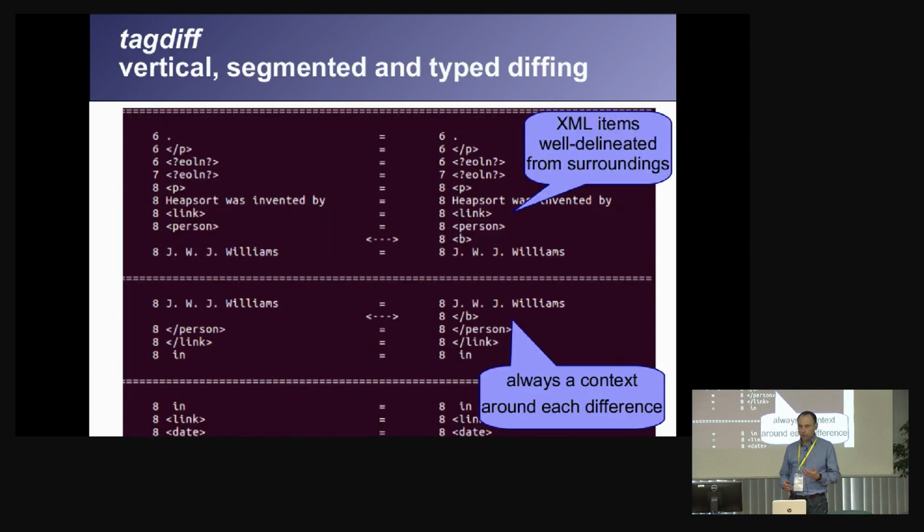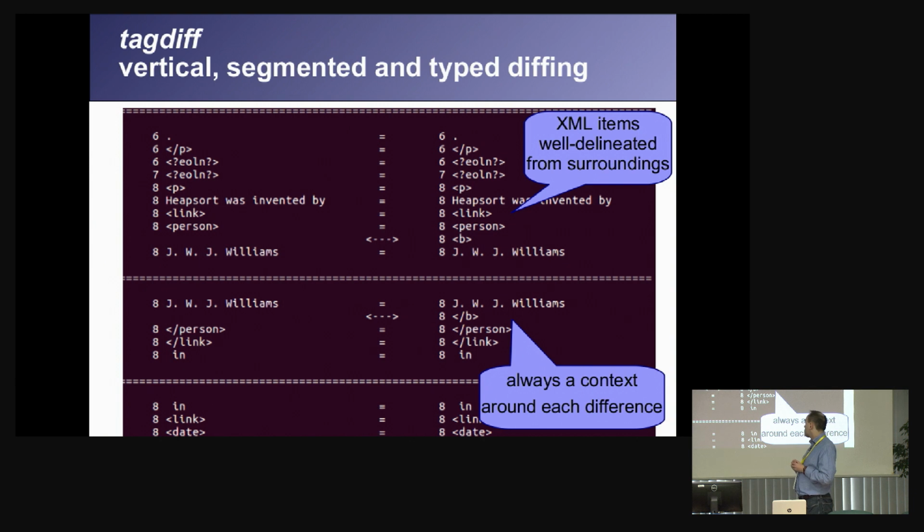So we decided to do our own version of diffing. We call it Tagdiff, and it offers vertical, segmented, and typed diffing. Vertical diffing because 2 documents are displayed next to one another into 2 columns.